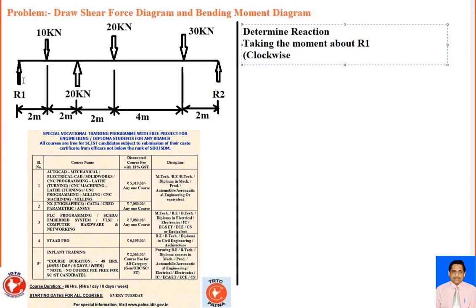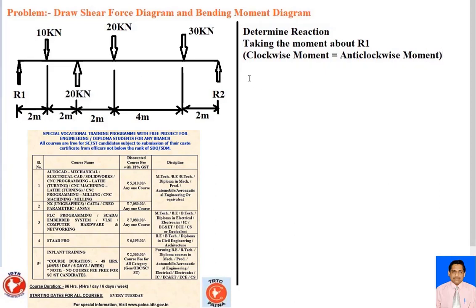Clockwise moment equal to your anti-clockwise moment here. Okay. So which time period you have to use, taking the moment about R1. So I have to explain here.